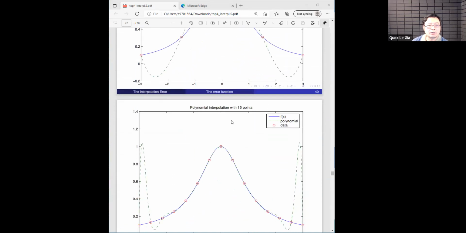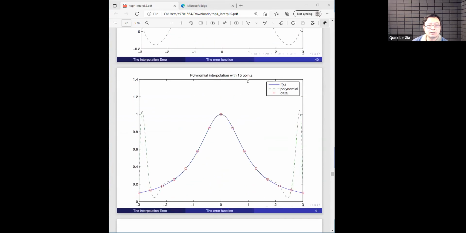So now if I increase the number of points to 15 points, this means that I increase the degree. Then the polynomial is the green broken line here, and the function is still the blue curve. And you can see that the errors are very small in the middle. Okay. But the errors are very big at the two ends. Yeah.